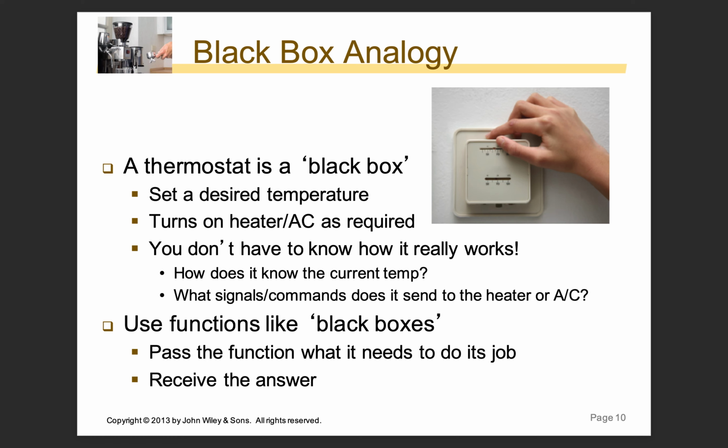We pass the function what it needs to do its job. Things like with a thermostat, I want to reach X degrees Celsius and then receive some answer. The function, the black box, returns something to us after it's done its job.